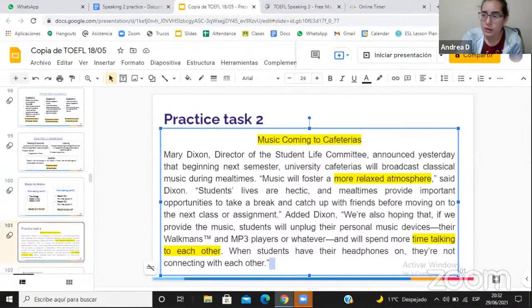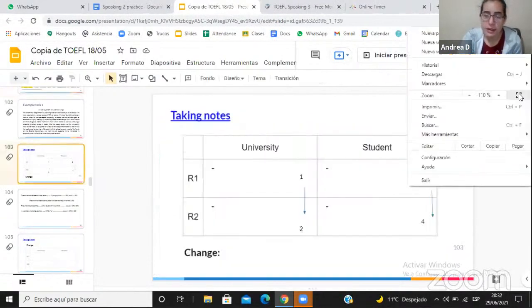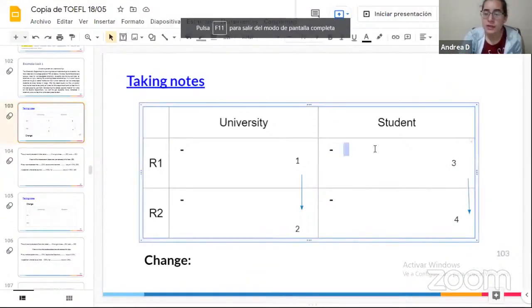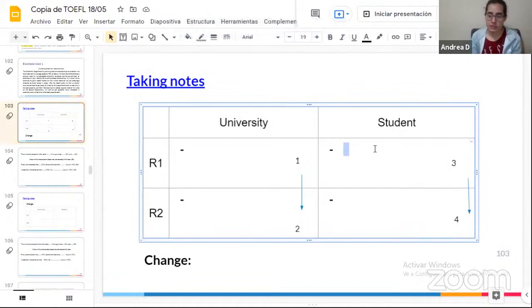But first, let's talk about the listening. So is the student in favor or against the change? Against. Good, the student is against. So he thinks it's not such a good idea after all. Okay, and can you guys tell me why? What was the first reason that the student gives?